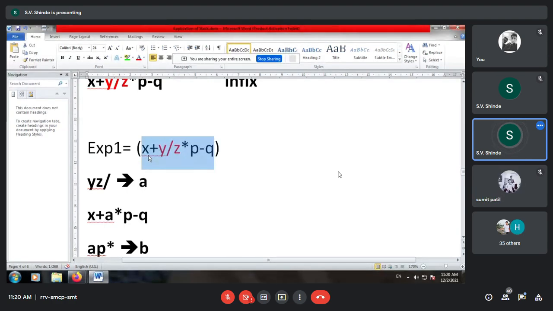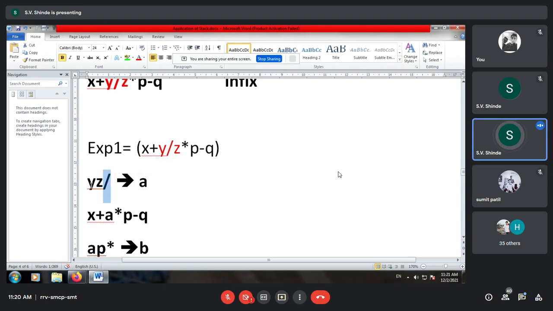We'll see that the first high priority symbol is division. Therefore, we will solve that first. So we'll put the division sign in postfix notation, that is after z, so we have the two variables y, z, followed by the symbol.